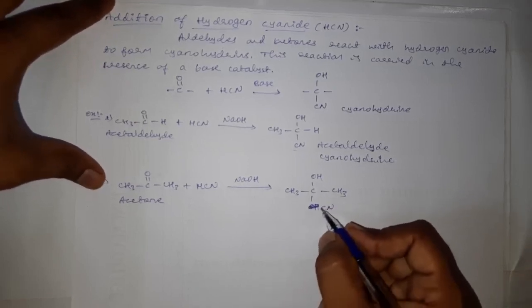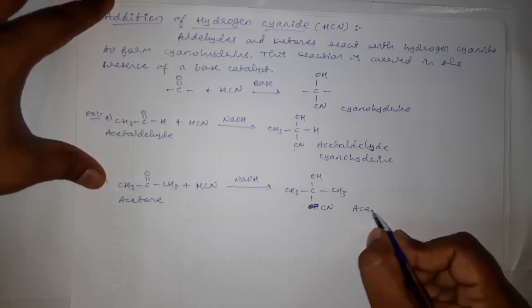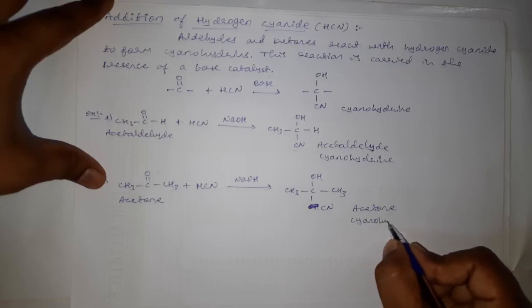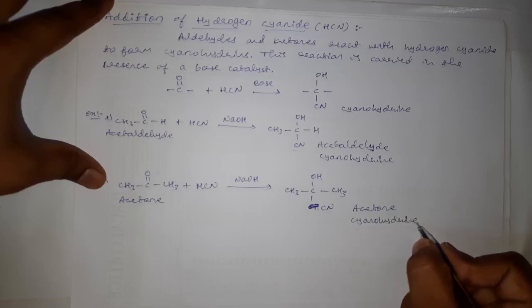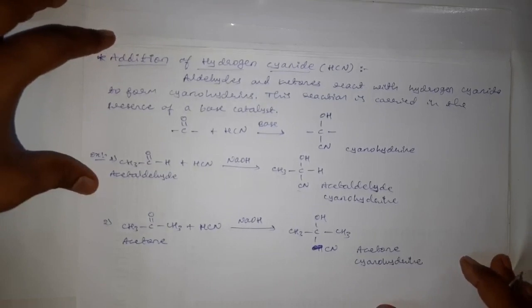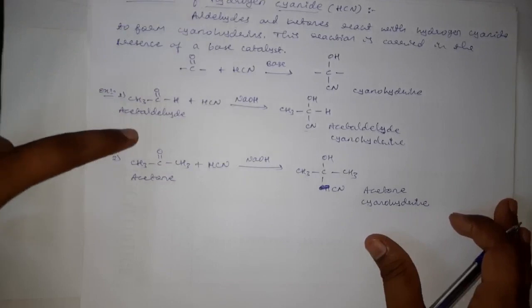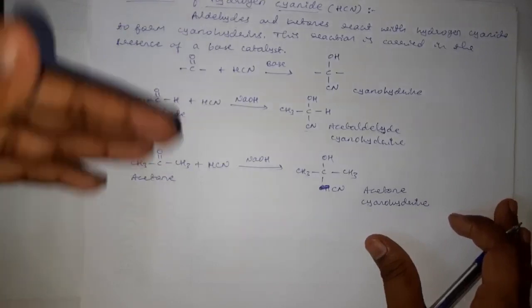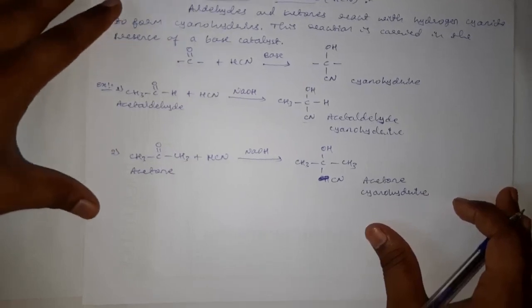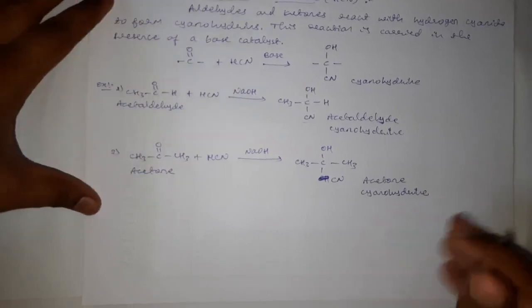It is a cyanohydrin and its name is acetone cyanohydrin. This is the reaction between hydrogen cyanide and aldehydes or ketones. In place of these, you can take any aromatic aldehyde or aromatic ketone.